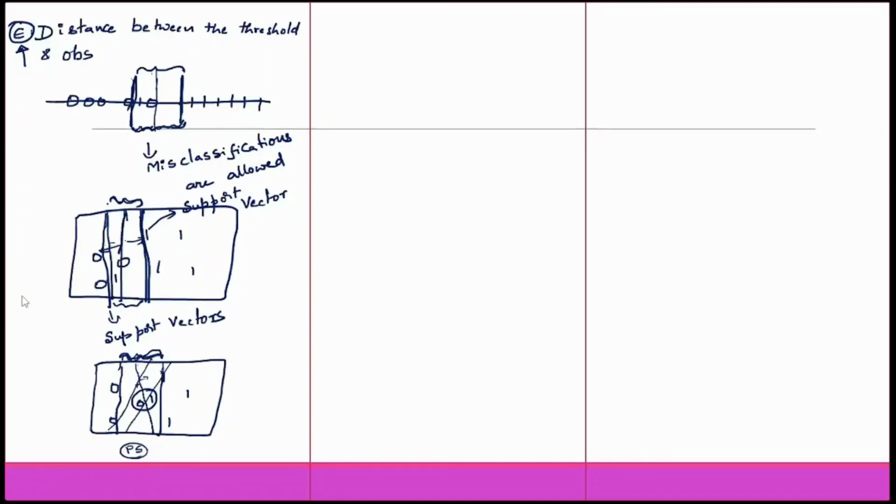multiple in number. Now, this is where working with the training data and the testing data comes in, the cross validation. You will create your training data and the testing data, and you can work with cross validation. This cross validation, 5-fold or 10-fold, can determine the optimal size of the margin.